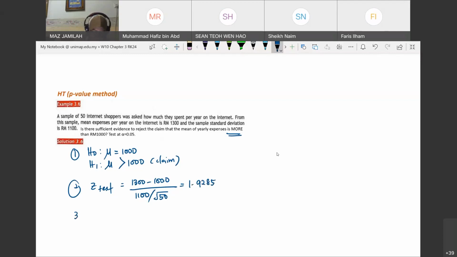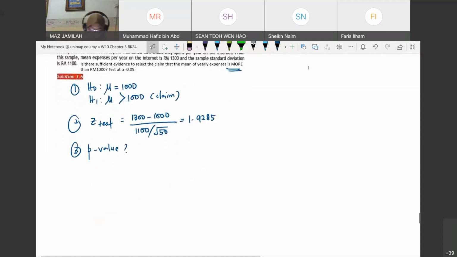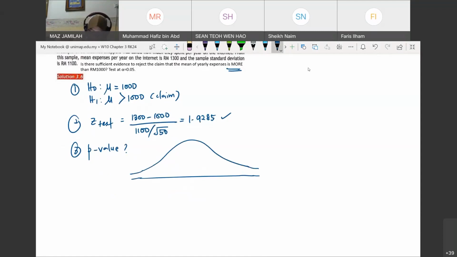Number 3, the p-value. So what is my p-value? We are using our z-test. Let's say our z-test is somewhere over here, 1.9, because we are using 2 decimal points, so let's say 1.93.